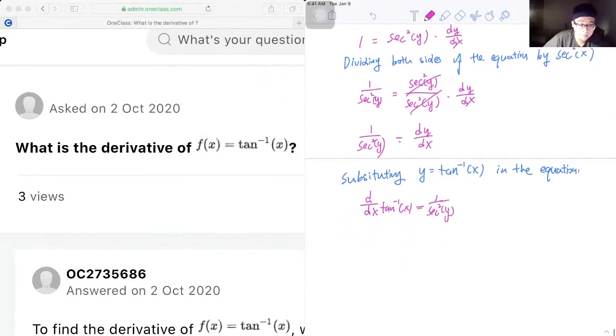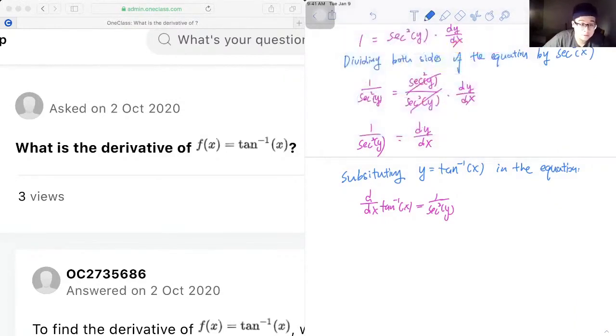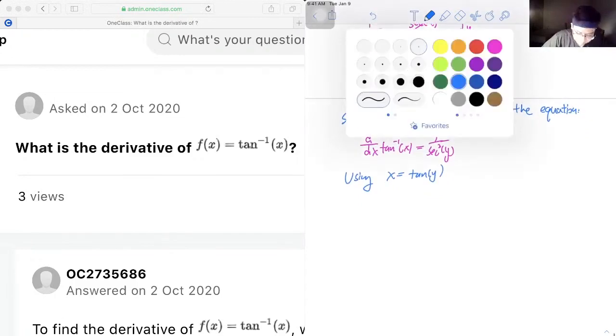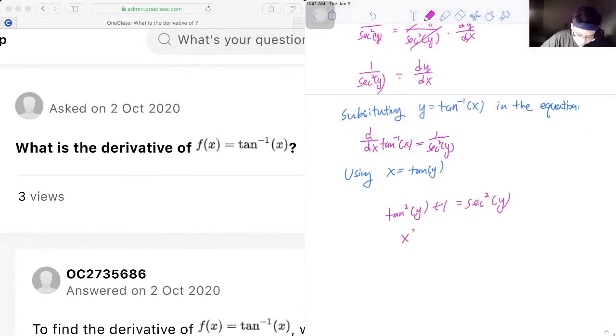Now using the substitution x is equal to tangent y, we can rewrite the Pythagorean identity, tangent y squared plus 1 is equal to secant y squared, as x squared plus 1 is equal to secant y squared.